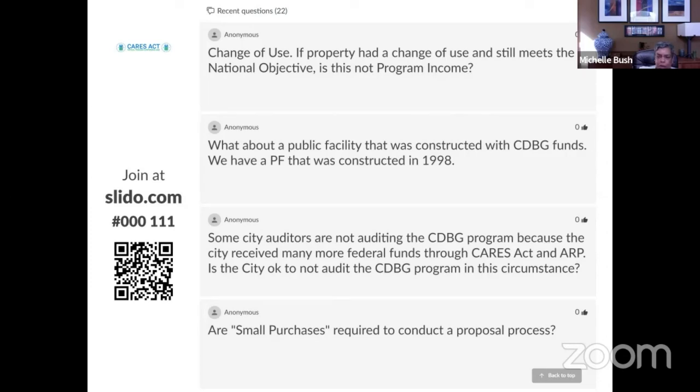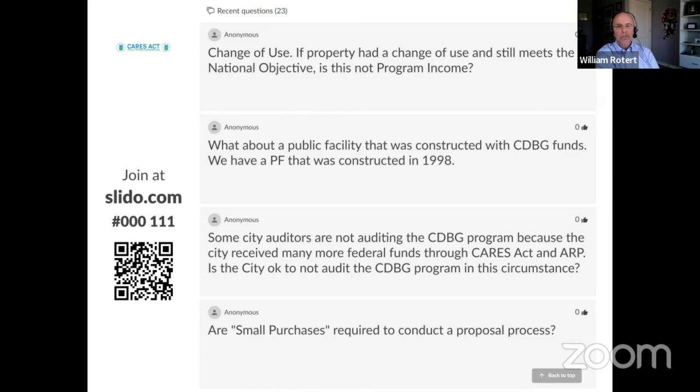That's the one I think you answered. That's the one I was addressing. I'm sorry, I was looking at the top question, but that's a key. You could change use and it still is a low and moderate income benefit activity. And as long as it's meeting those requirements, you're not required to dispose of the property, and therefore you would not generate any program income.